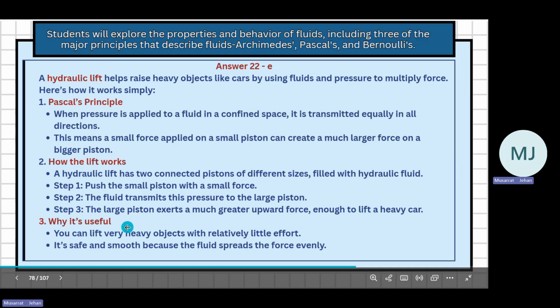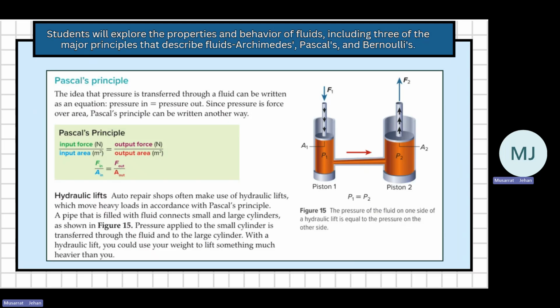So it is useful because we can lift heavy objects and we don't require too much force. And it is safe and smooth because the fluid spreads the force evenly. The hydraulic lift works on Pascal's principle. Small piston, large piston. We apply small force, it gets transmitted through the fluid and the large piston goes up.